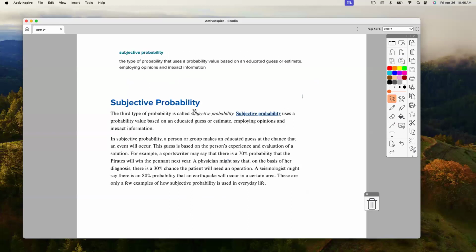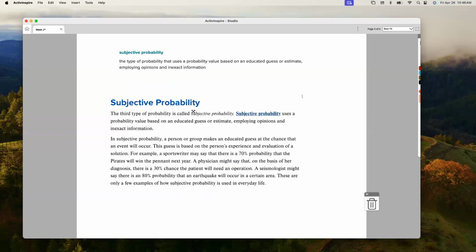And then there's this subjective probability, which, honestly, this is the first textbook I've seen that included this. There'd be some sort of educated guess or estimate. It might be some announcer saying there's a 50% chance that the Steelers are going to win the Super Bowl this year or something like that.